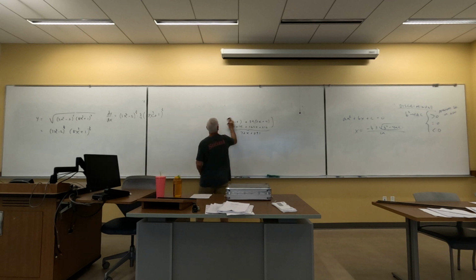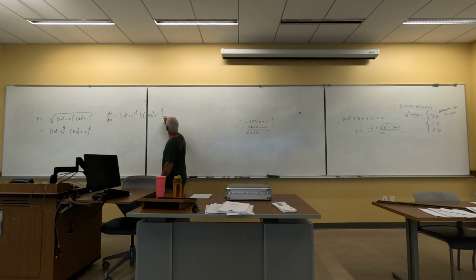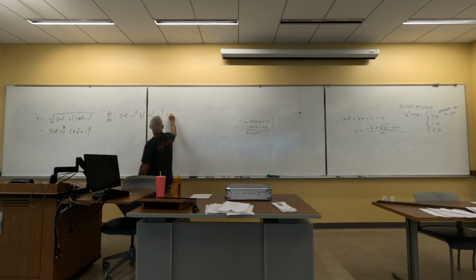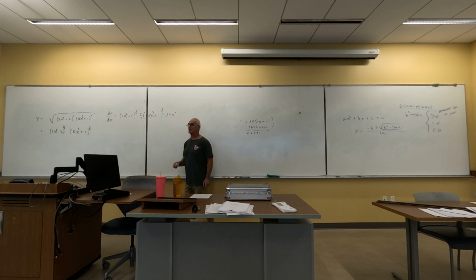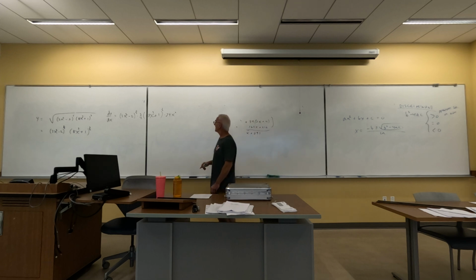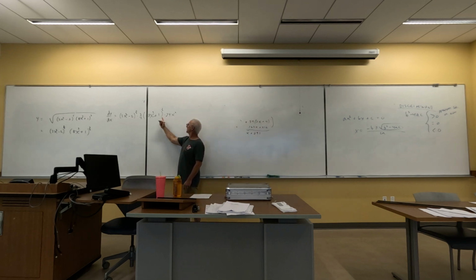Times, and then what's the chain rule factor? 24x squared. Good. The derivative of 8x cubed plus 1 is just 24x squared. Why isn't it plus something? Because the derivative of 1 is 0. Derivative of a constant is 0. So that's why there's not a second term.